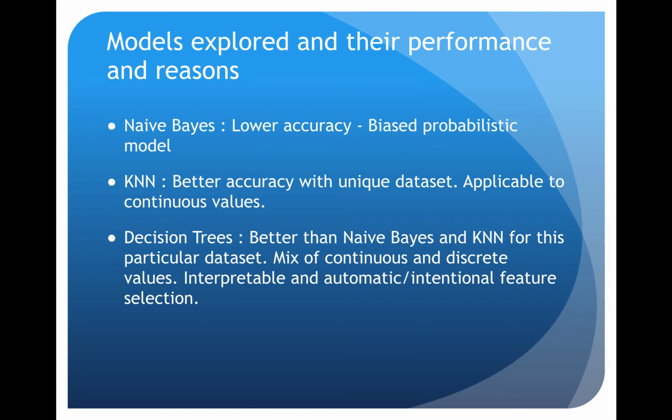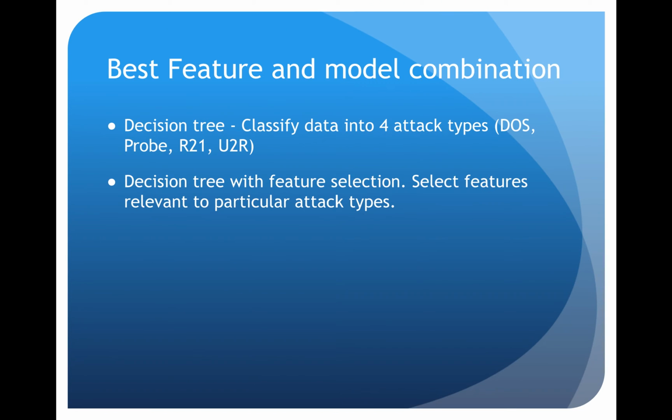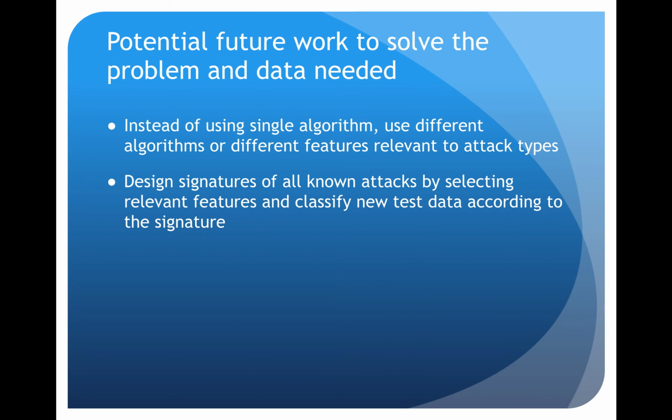We can select relevant features and train our model accordingly. We can't do that with any of the other models here. So my best feature model combination was decision tree that I used to classify data into 4 attack types, and the decision tree where I used relevant features and trained my model. I got better accuracy in these two cases.